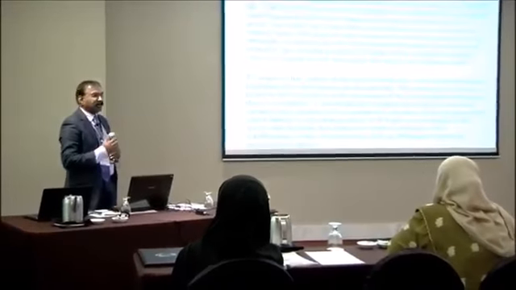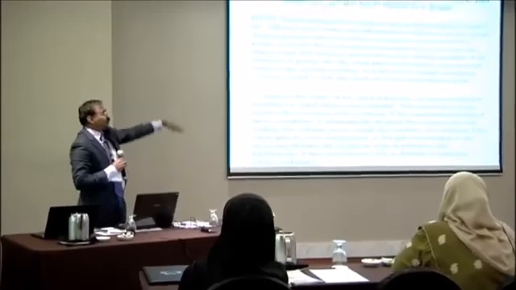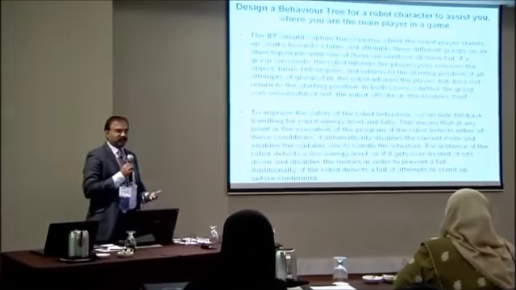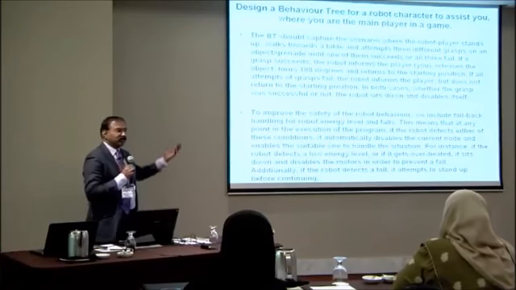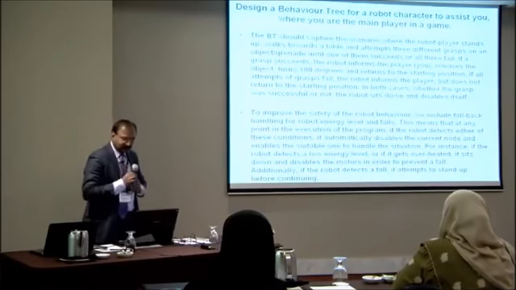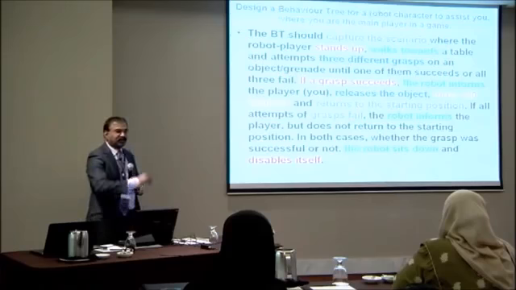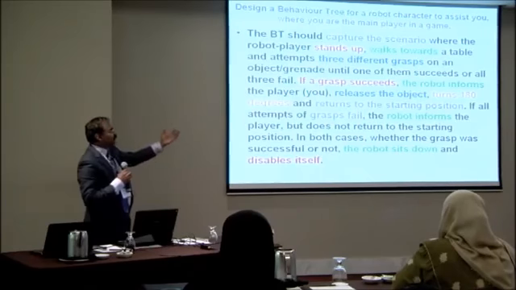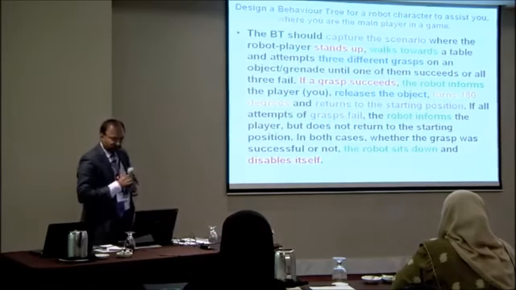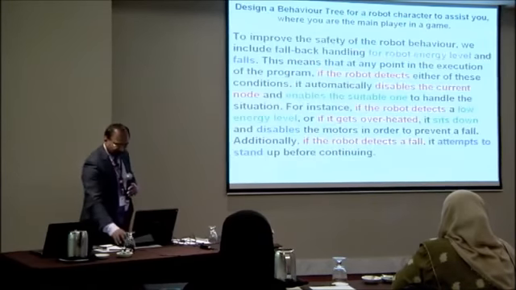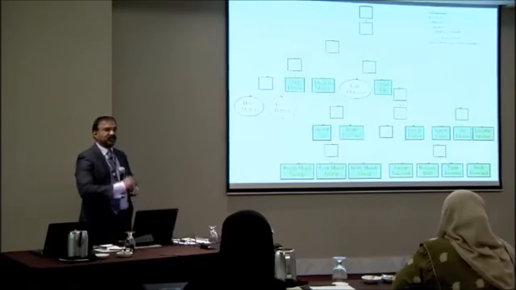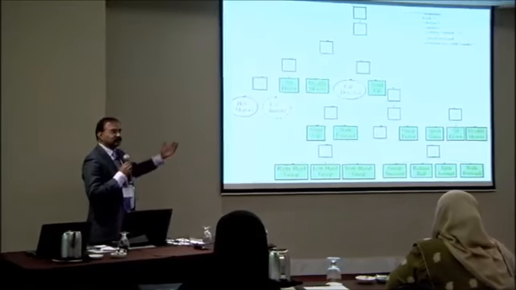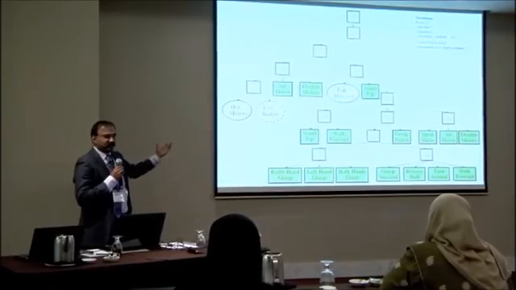So how is that behavior specified? You see something like this. You give it to a computer program, it will get confused. So this is how the behavior is specified as a paragraph. And I try to go into that and capture certain things. Capture the scenario, stand up, walk towards, grasp. If a grasp succeeds, then do something, and so on. And then even more information, and this is translated into a behavior tree, which is not so ambiguous like the previous paragraphs.